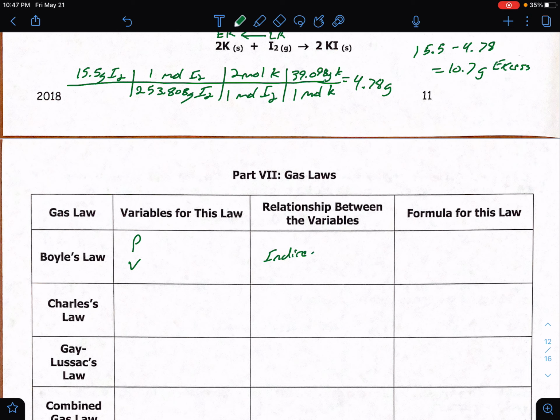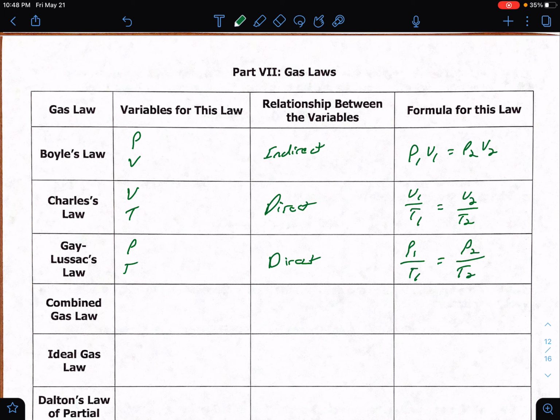So P1 over T1 equals P2 over T2. A good way to know who's direct and indirect is if they're in fractional form, like V1 over T1, P1 over T1, those are direct. If they're in multiplying form, like Boyle's law, that is indirect.